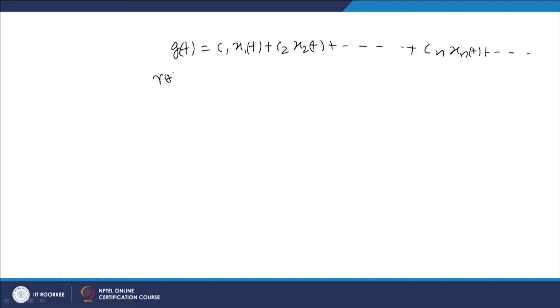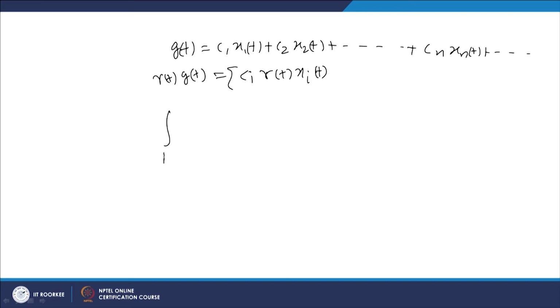So, r(t) g(t) equals, let me write it in summation form, the sum of Ci r(t) xi(t). Then we multiply both sides by xn and integrate with respect to t.